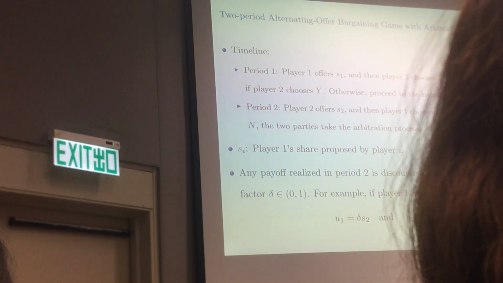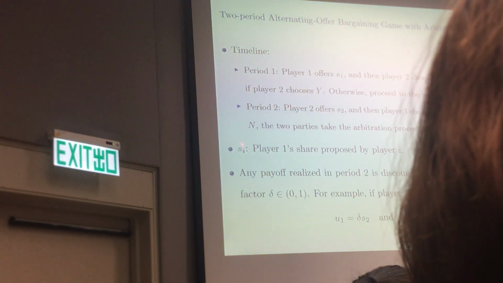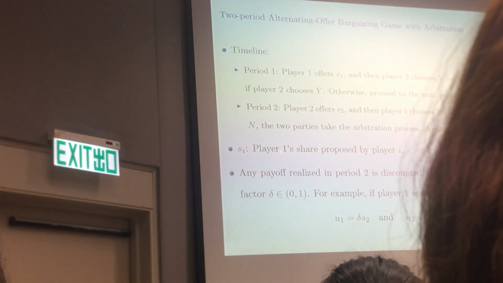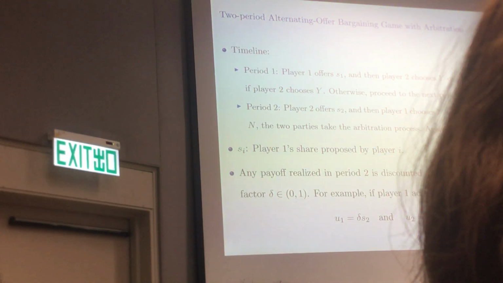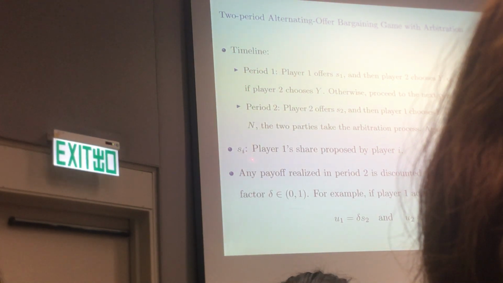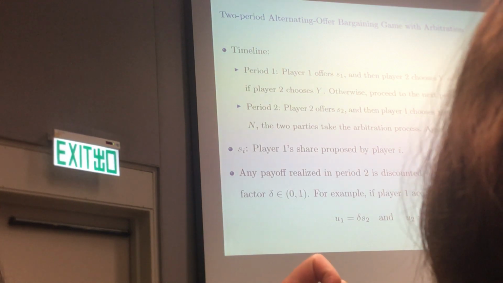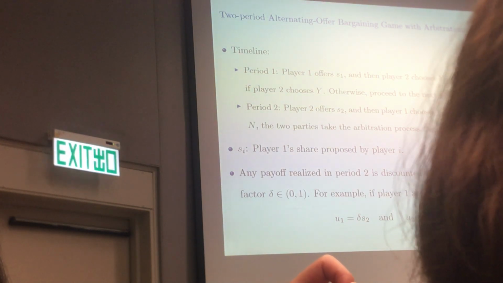Okay, so there are two things. First of all, I'm going to use this notation. S_i always means player 1's share proposed by player i. So if I say S1 is 1/2, that means player 1 proposed that I'm going to have half of the cake.